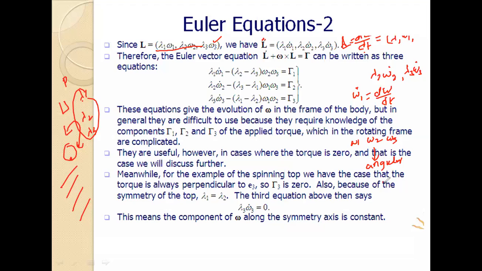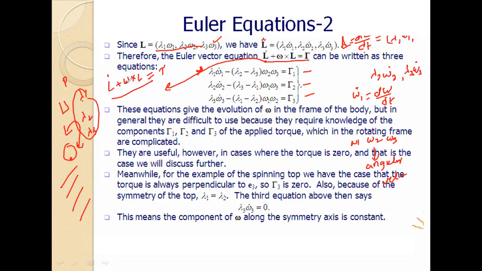Angular velocities. So previously we got only one equation, L prime plus omega cross L equals torque. This equation we got. So we are writing this as 3 equations, 1, 2, 3. Why, sir?